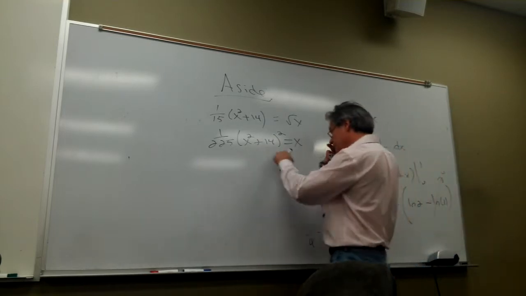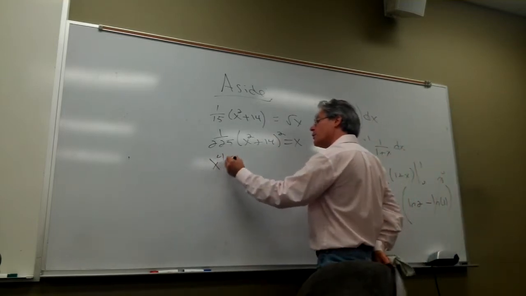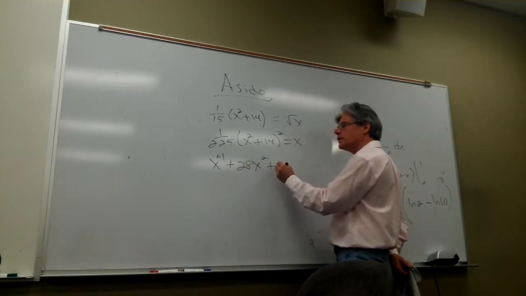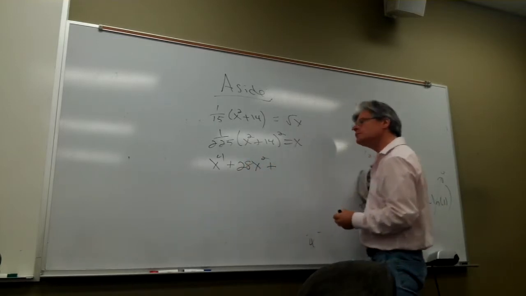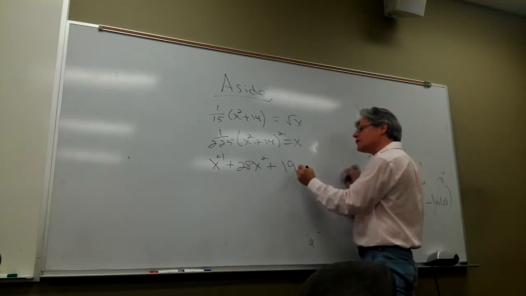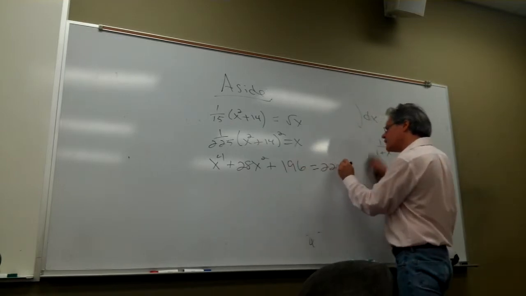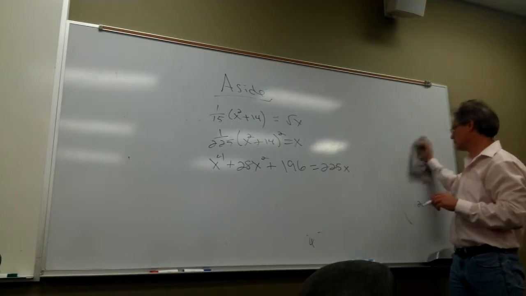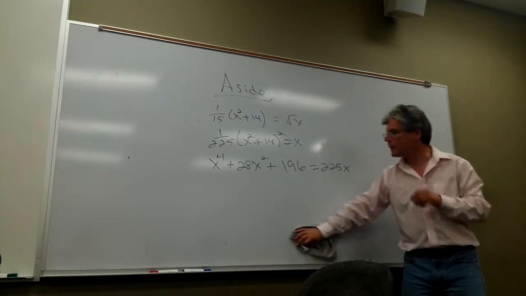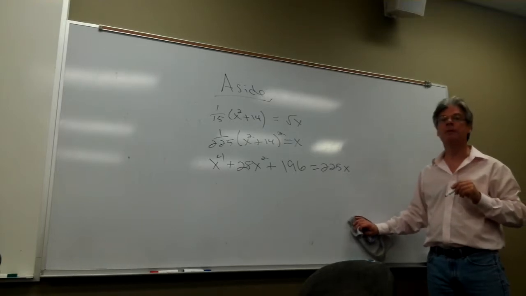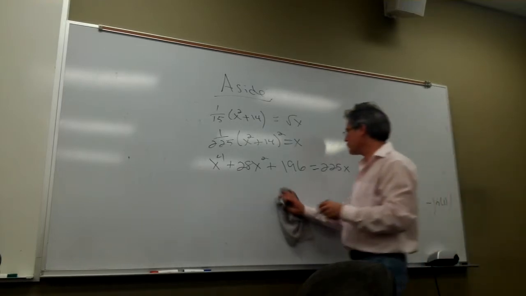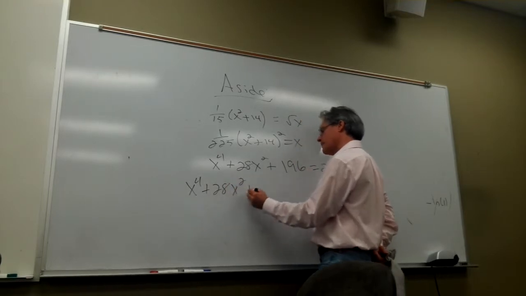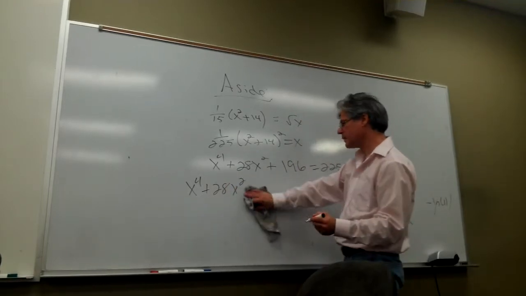All right, if I expand this binomial squared, does that give me x to the fourth plus 28x squared plus 14 times 14 is 196, being equal to 225x. What next? Subtract 225x from both sides. Nope, hold it, I made a mistake. That's minus 225x.